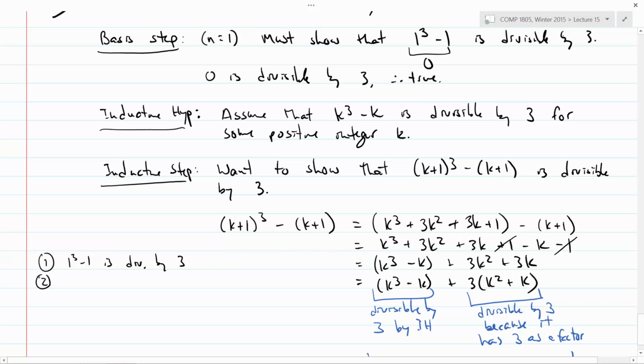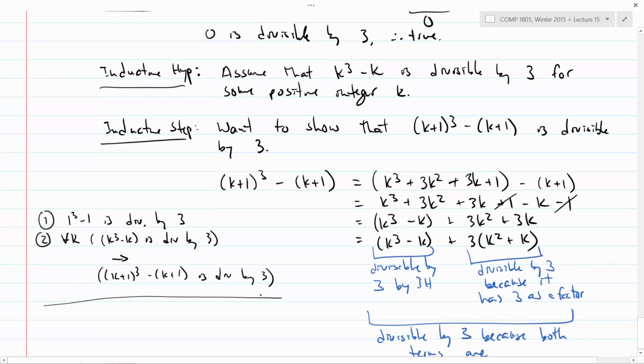And the second premise would be: for all k, if k^3 minus k is divisible by 3, then (k+1)^3 minus (k+1) is divisible by 3.